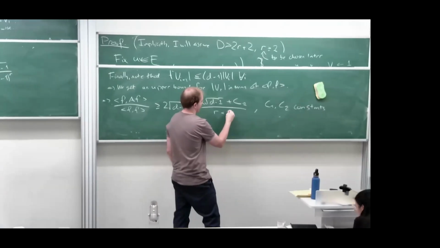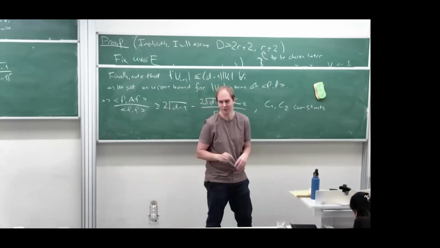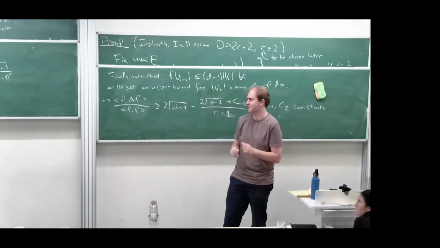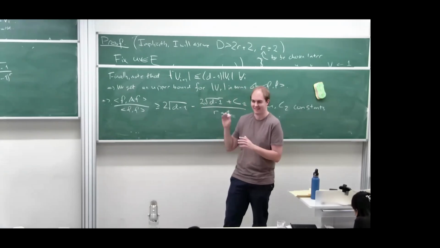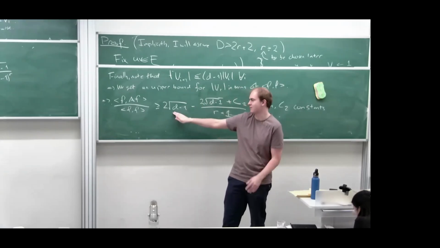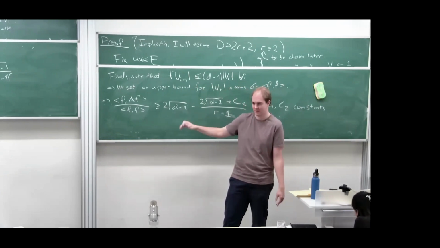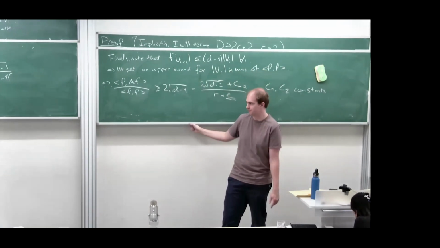If I screw up something, it's easy to fix. The point is that the main term we get is 2 times root d minus 1, which is what we are intending.